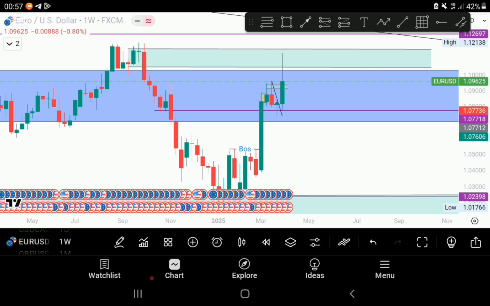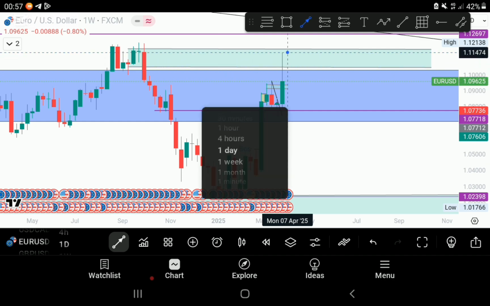So if the market is inverse correlated to the currency pairs, this candle ends bullish. Now with a week, same thing. For this week coming, when the market opens, it's going to open and come back to the upside. It's going to buy. So let's go straight to our daily time frame.